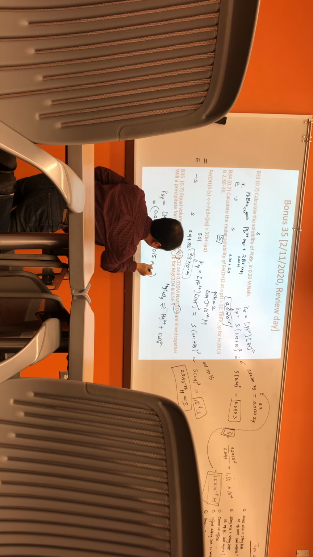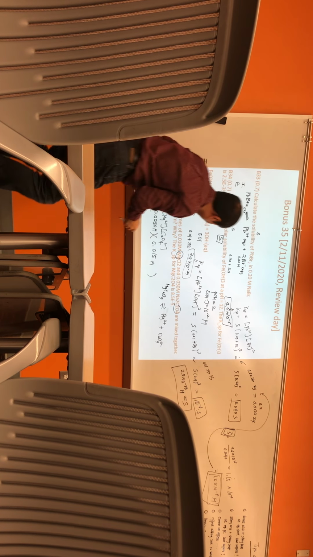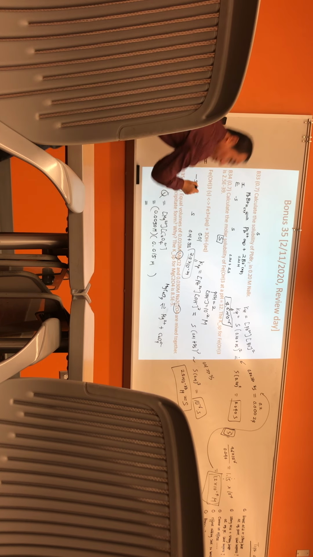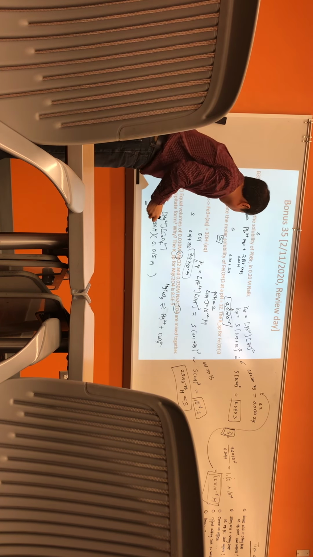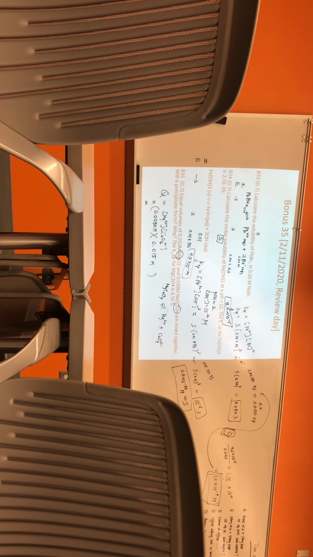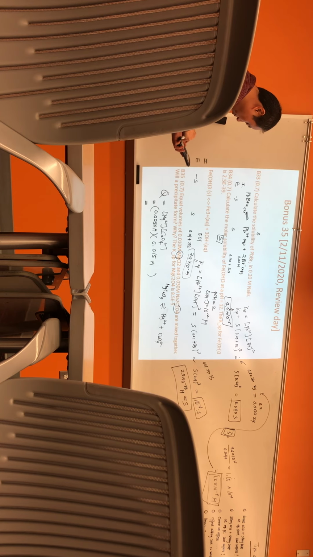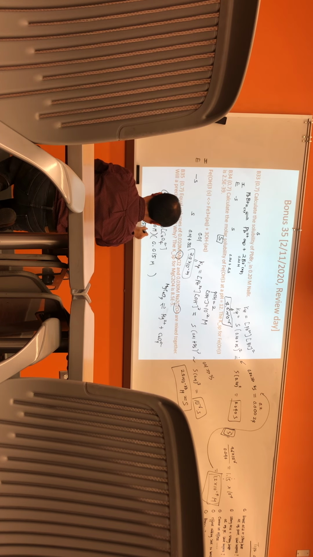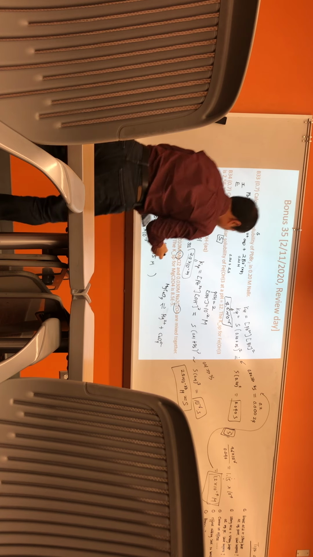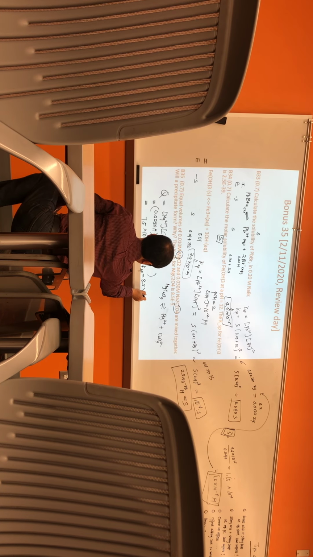So if we multiply by this, this is not Ksp because concentration is given, so this will be Q. The expression is the same, but since concentration is given and they did say equilibrium, it will be Q. So that number is 7.5 times 10 to the minus something. The difference, and the Ksp is 8.5 times 10 to the negative 5.